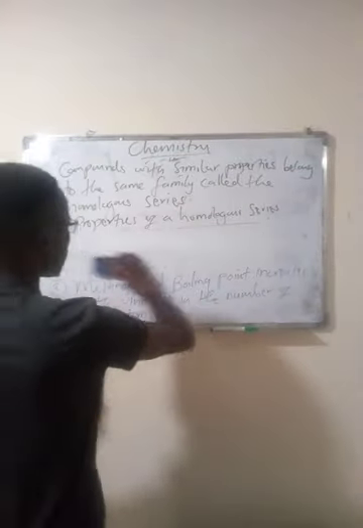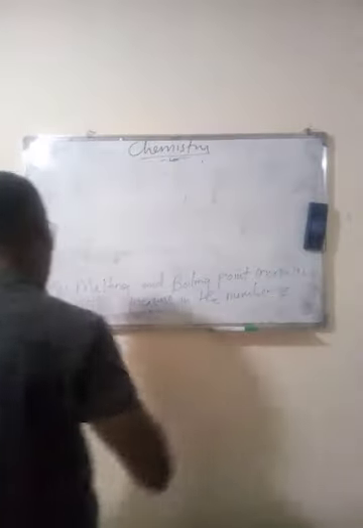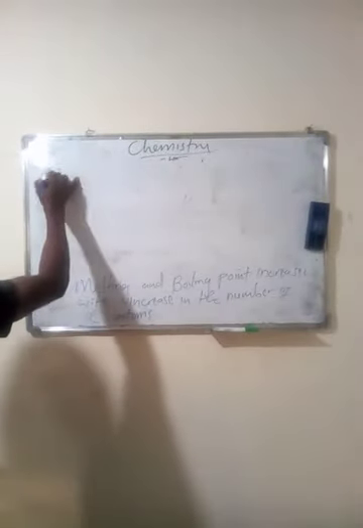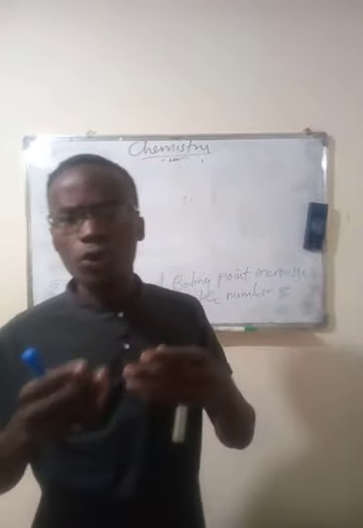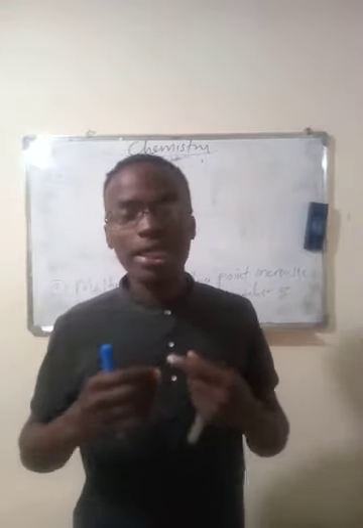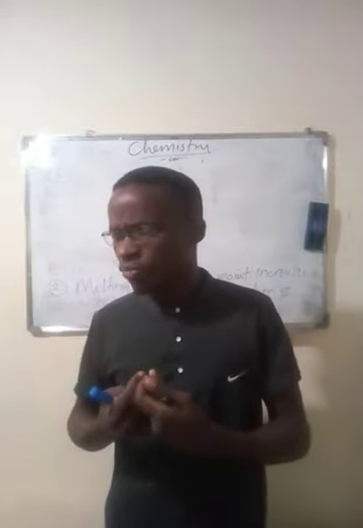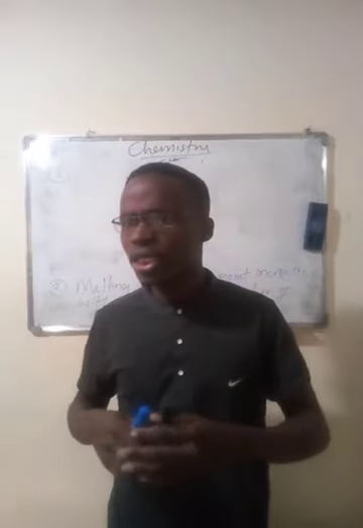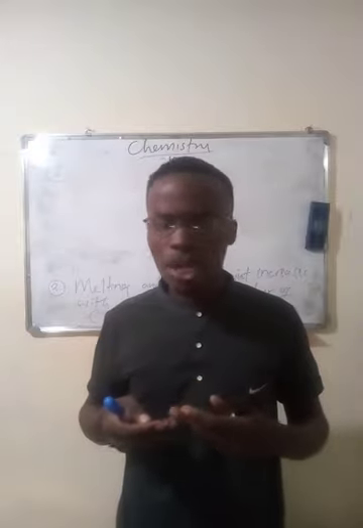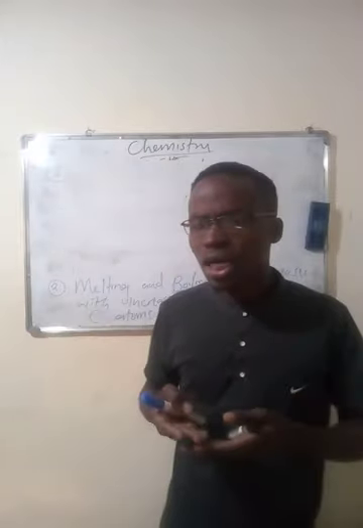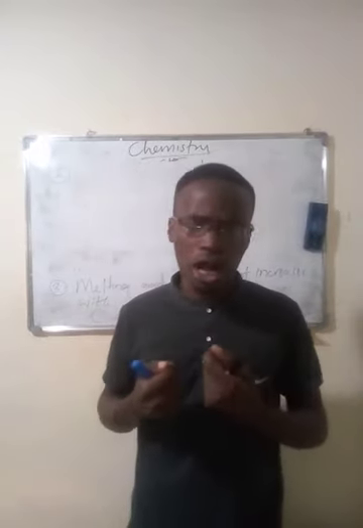Okay, what other property of compounds belonging to the same homologous series? Number three, we say that compounds with fewer carbon atoms are more volatile. Now, what does it mean when we say volatile? When we say volatile, it means the ability of a substance to evaporate. So those compounds that have fewer carbon atoms have more ability to evaporate.